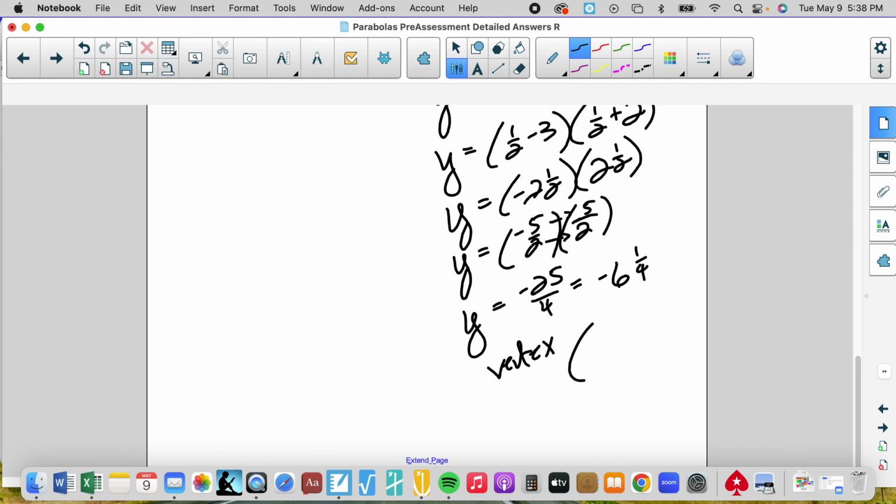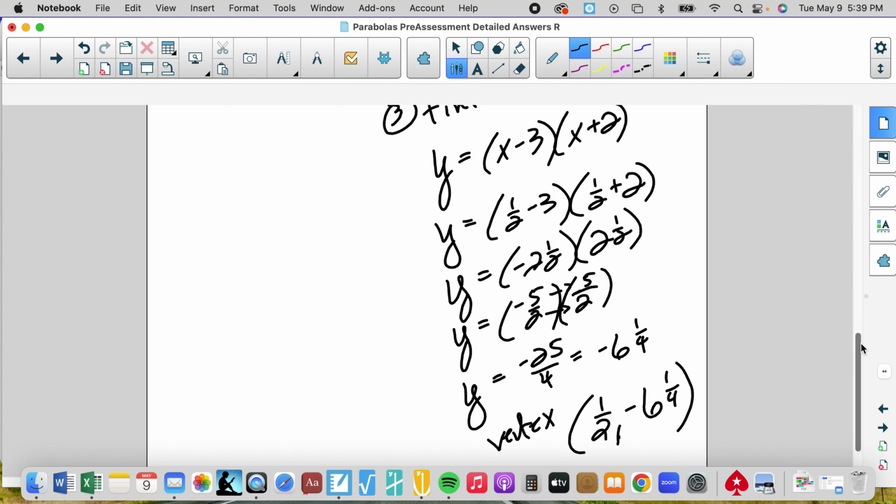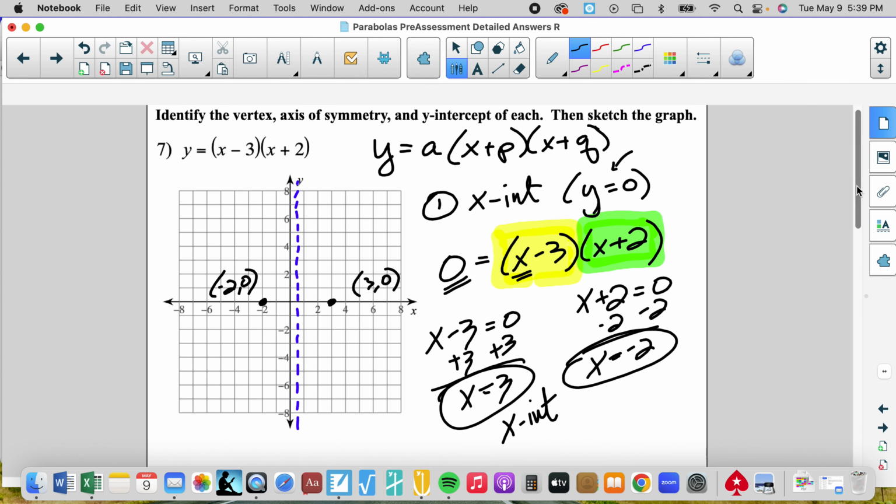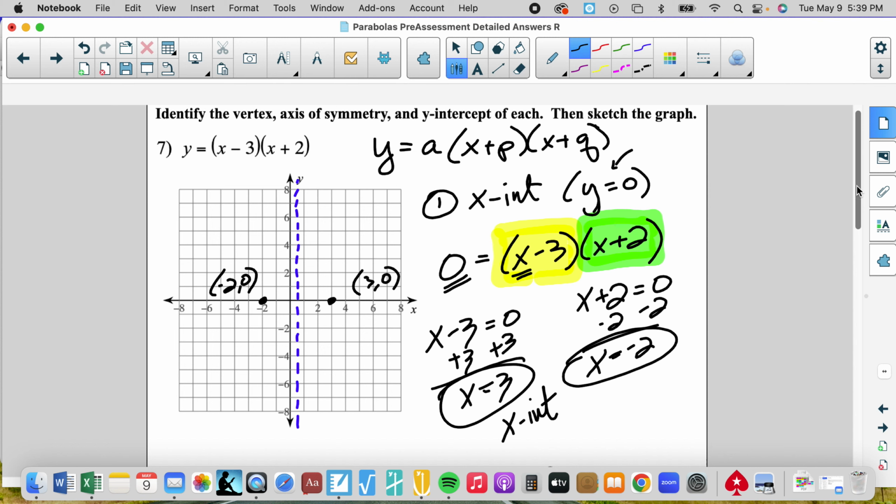How fun is this vertex? 1/2, negative 6 1/4. That is one ugly bird. So 1/2, negative 6 1/4 takes us right here. Everybody's going to need to have that point.